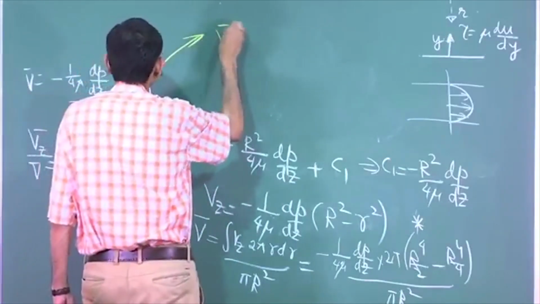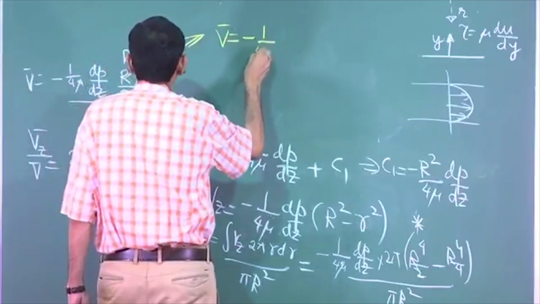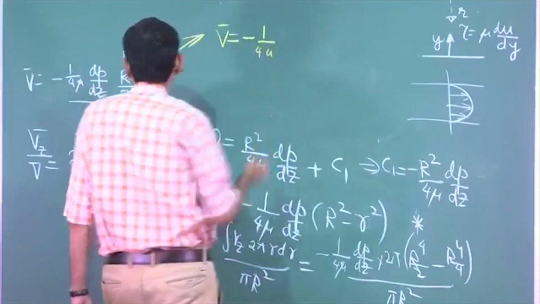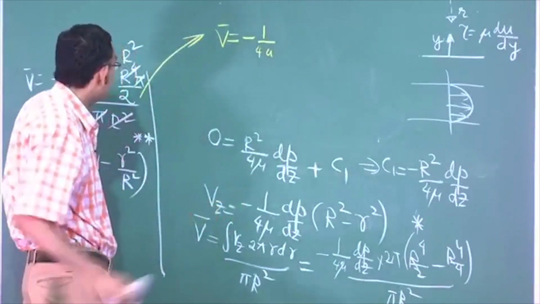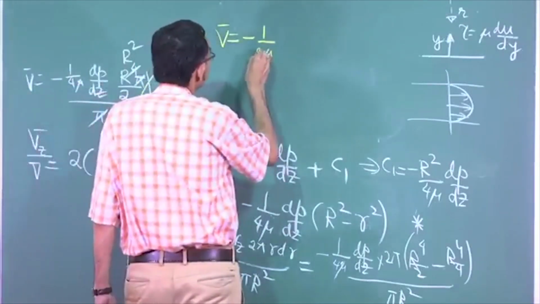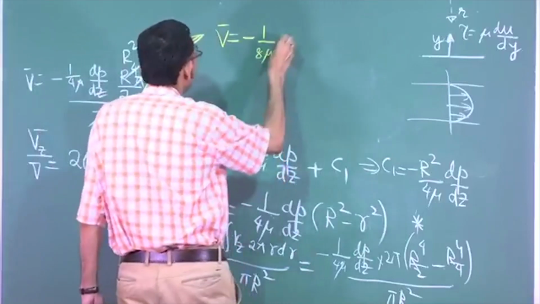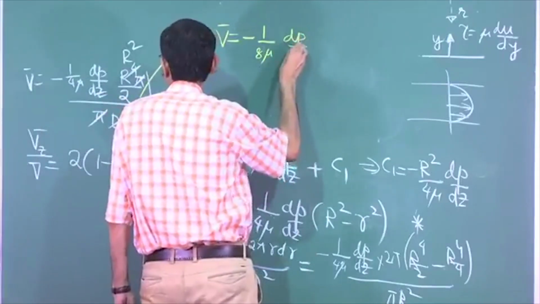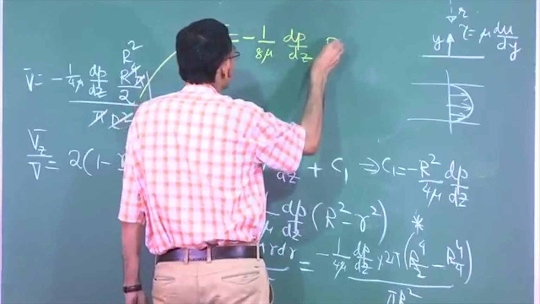So, V average is minus 1 by 4 mu, minus 1 by 8 mu actually, 1 by 4 and half is there, dp dz into r square.